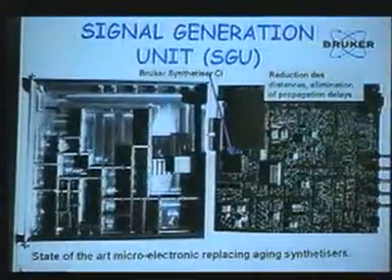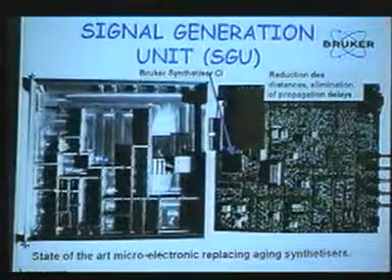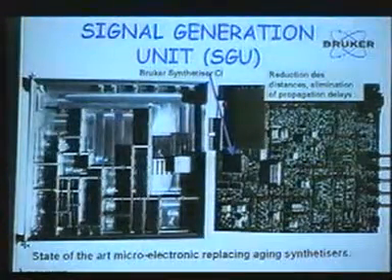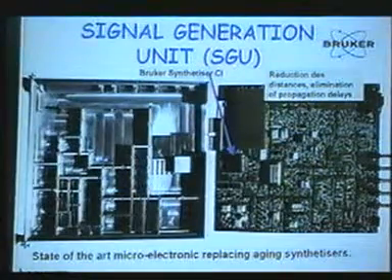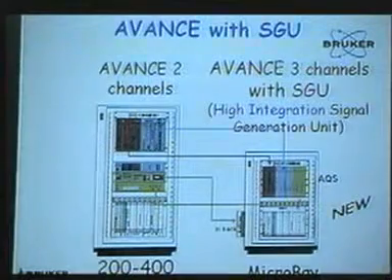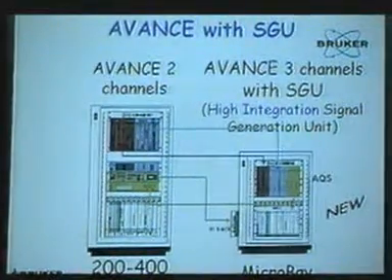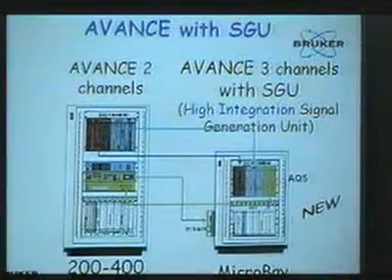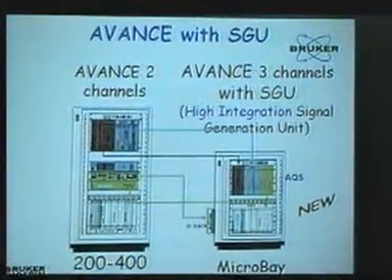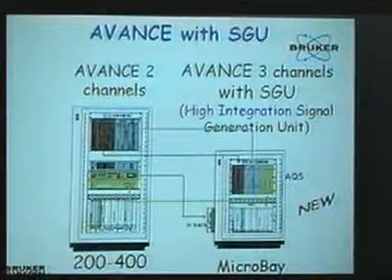This shows you the electronics, and this is the new unit which you will receive in the new NMR spectrometers. This is called SGU. Next. By reducing the number of steps and the number of boards, we have better sequences, better signals, better spectra. Also, we have much more room because we need fewer boards.